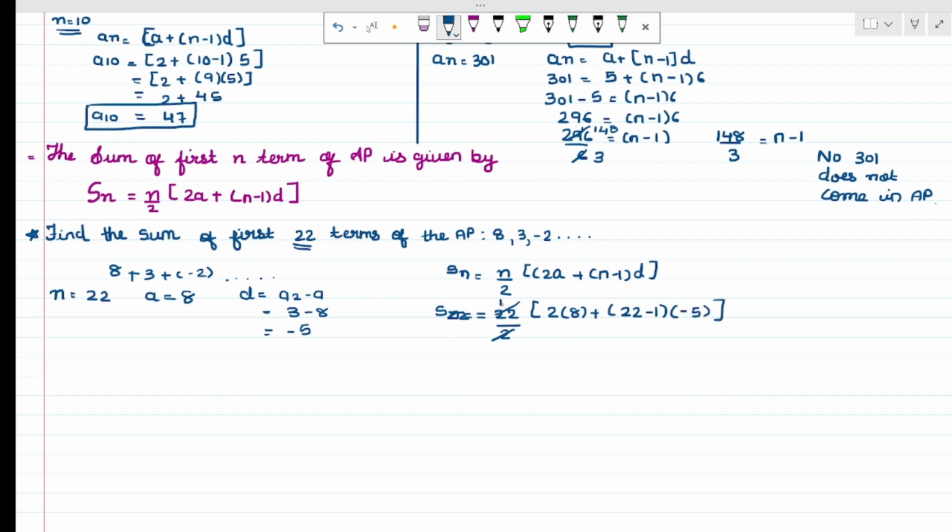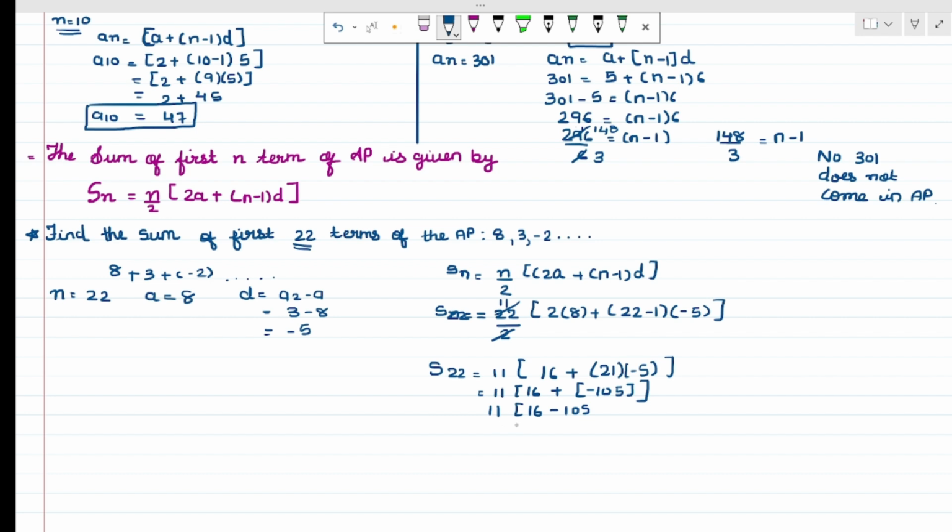So 2 elevens are 22. So S22 equals 11 into 8 twos are 16 plus 21 into minus 5. Multiply 21 into 5, that means 11 into 16 plus 21 into 5 gives me minus 105. Now plus minus minus, so 11 into 16 minus 105 minus 16.